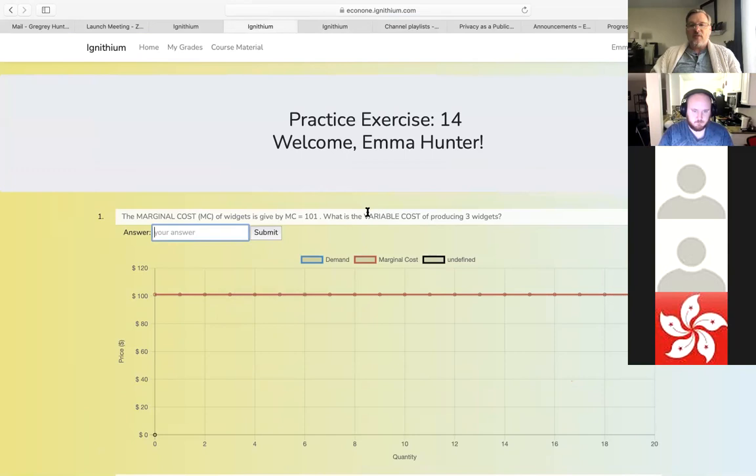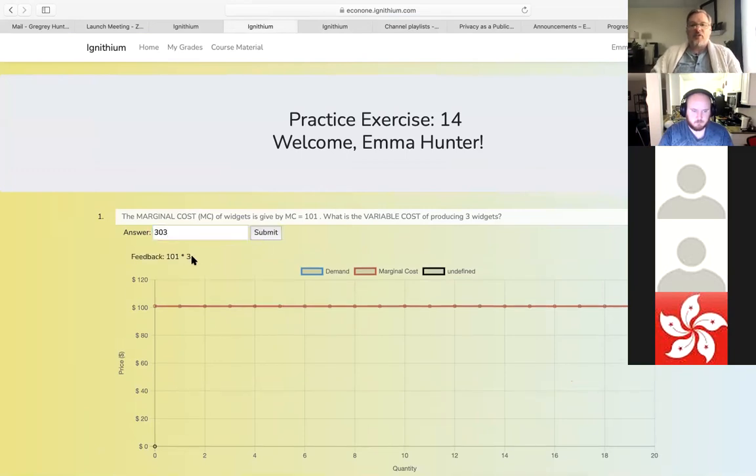So the variable cost of producing all three, if each one costs $101, should be 303, right? And sure enough, you can see even without the calculator, it's that.